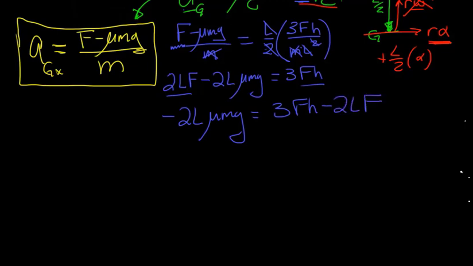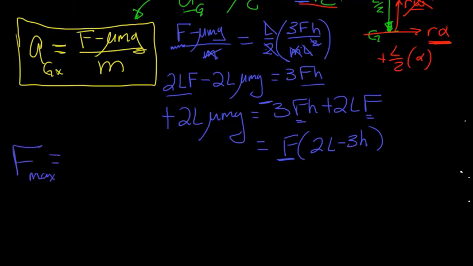Let's multiply through by a -1 just to flip some of these signs around. And we can factor out F here. So we'll end up with this side being F times (2L minus 3H). And finally we can solve for F, as F max will be 2 mu mgL divided by 2L minus 3H.